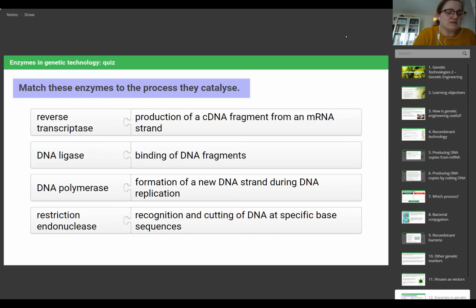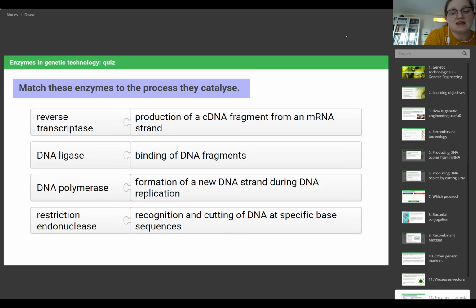So we're going to inject it into the egg. The genes will go into most of the cells of the silkworm. If we inject it into the silkworm, the genes won't be spread as far. So suggest why plasmids are injected into the eggs of the silkworms rather than into the silkworms, because in this situation our genes will enter most of the cells.